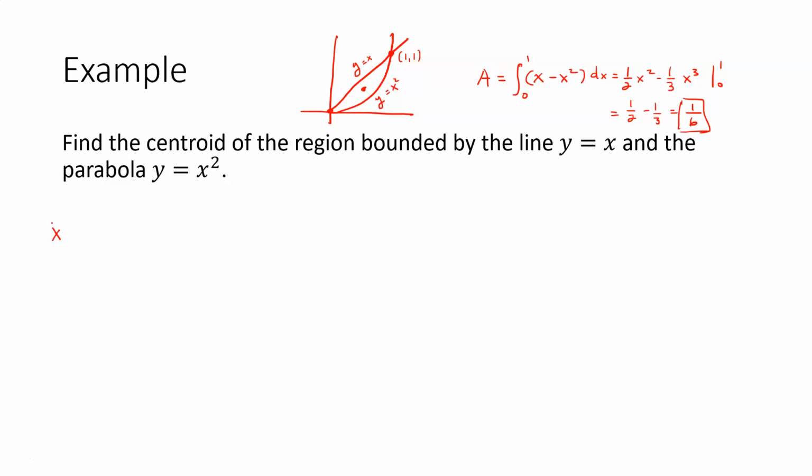So now to get x bar, it'll be 1 over A, so 1 over 1 over 6, integral from 0 to 1 of x times upper curve minus the lower curve, x minus x squared. So let's work this out. 1 over 1/6 is just 6. Distributing the x, we have x squared minus x cubed.